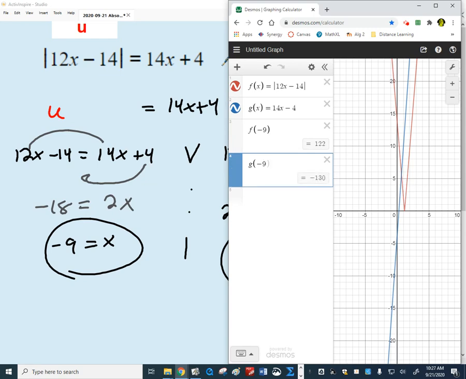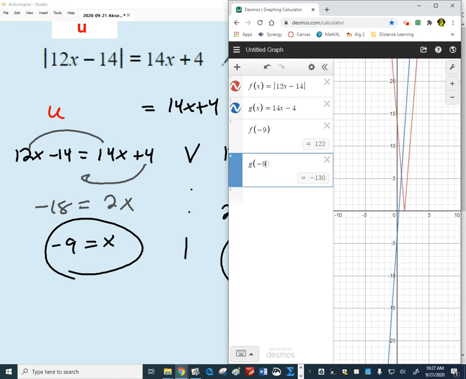If negative 9 is an answer. It didn't work. So what's that tell you? That's wrong. Negative 9 is not a solution. We did the algebra correctly, though, right? Negative 9 was an algebraic answer, but it's what we call an extraneous solution.